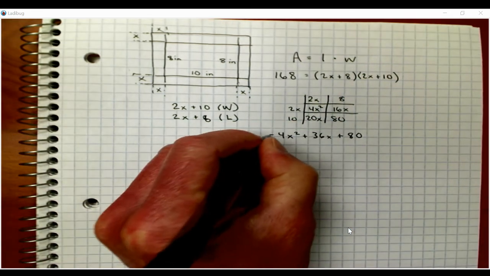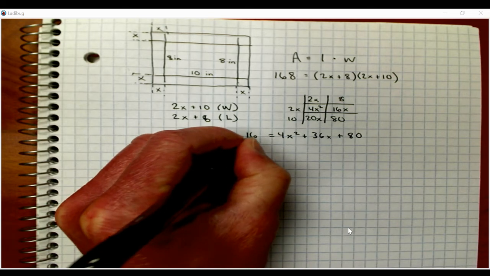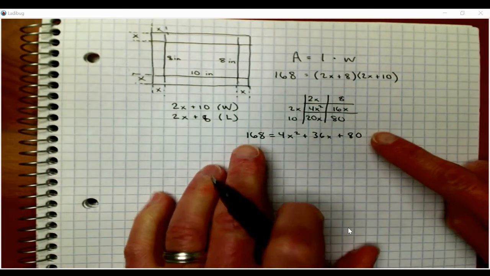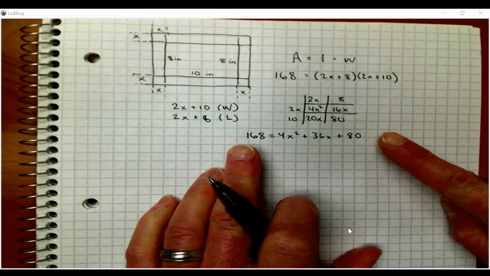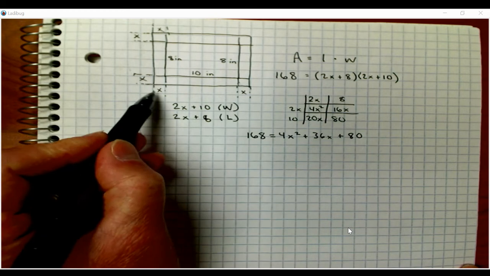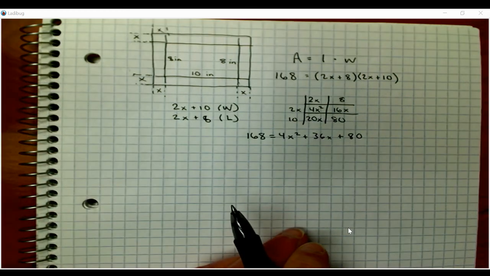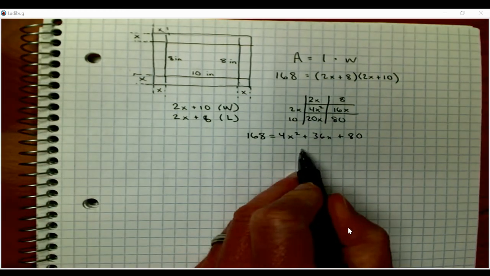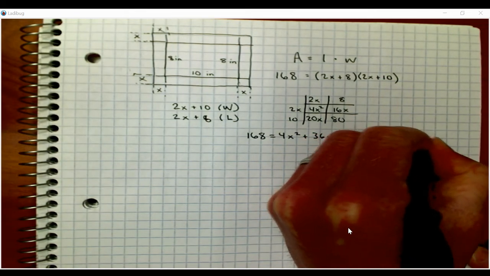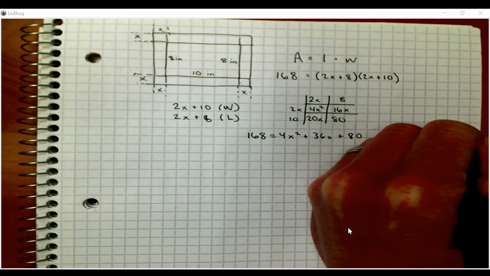Well, we know that this is the area, and it was allowed to be 168 square inches. So once we are here, in order to solve this, to find out how wide our frame gets to be, we have to put this in standard form. So recall that standard form is ax squared plus bx plus c.